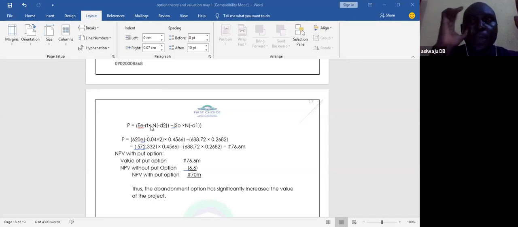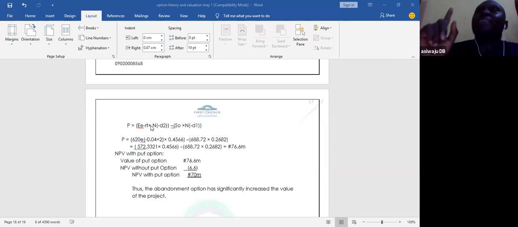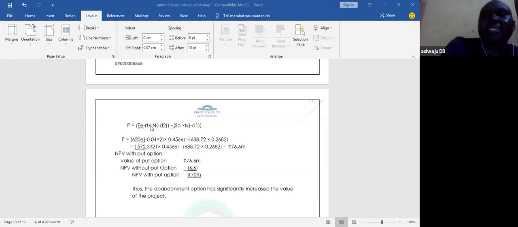But when to use the put call parity theory: if the examiner says calculate the put option price and you are given the call option price, are you there? Or the examiner says calculate the call option price and you are given the put option value.